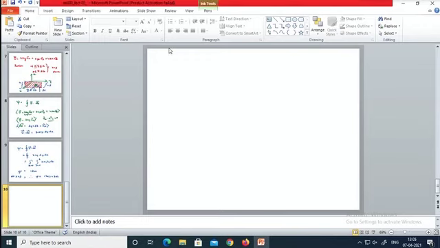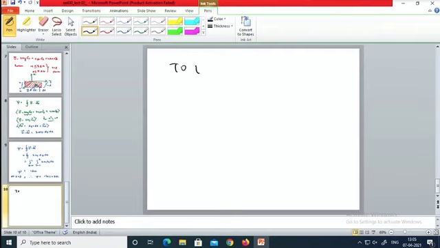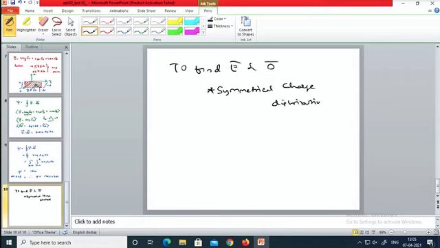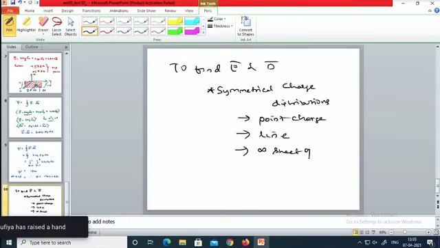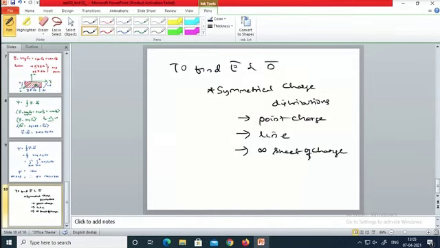That means you will have to find E and D for symmetrical charge distributions, such as point charge, infinite line charge, and infinite sheet of charge. Also, spherical distribution of charge.